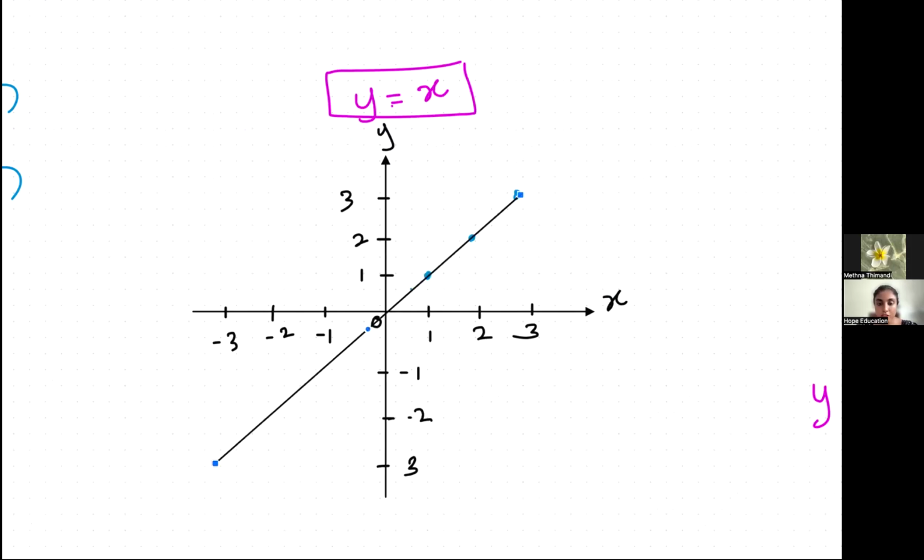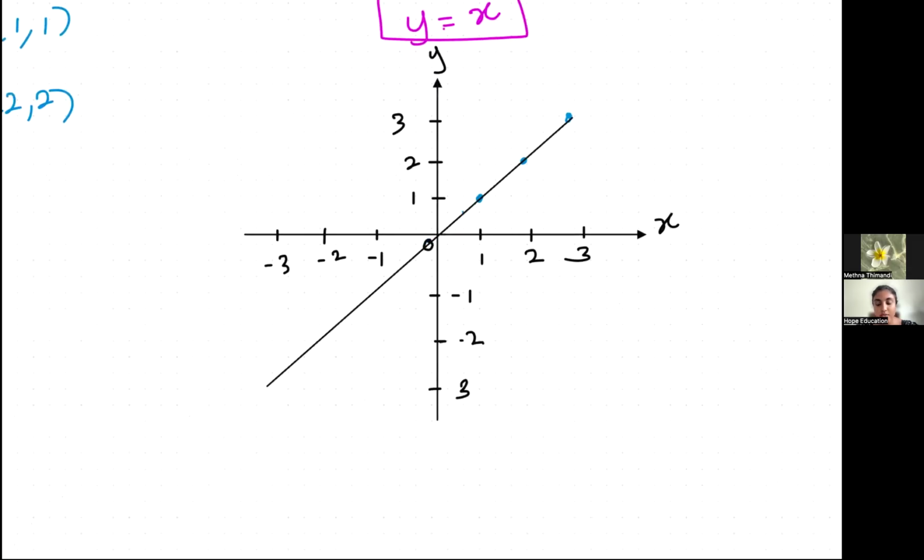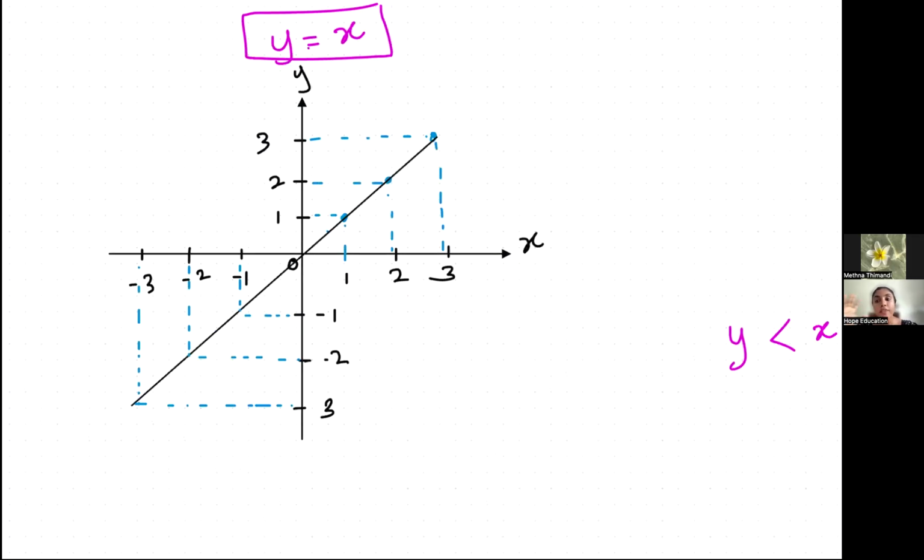On the other side, x is -1, y is -1; x is -2, y is -2; x is -3, y is -3. On this side x is 1, y 1; x 2, y 2; x 3 and y also 3. So if you look at this graph, the x value of every single point is equal to the respective y value.